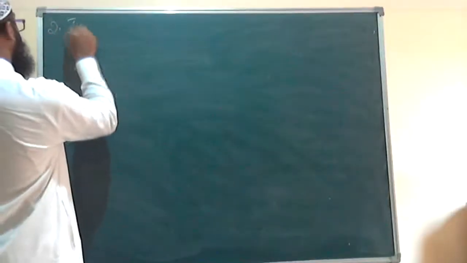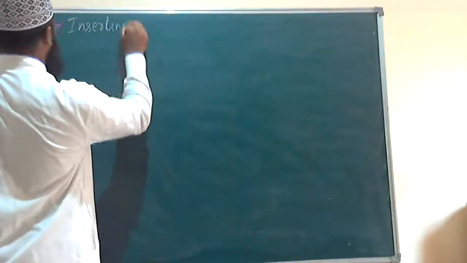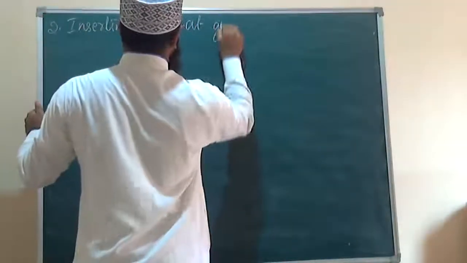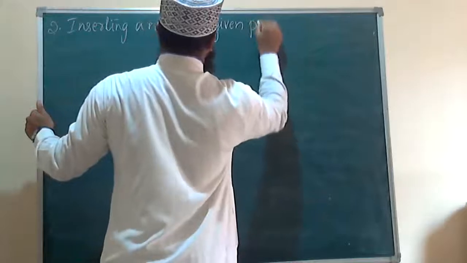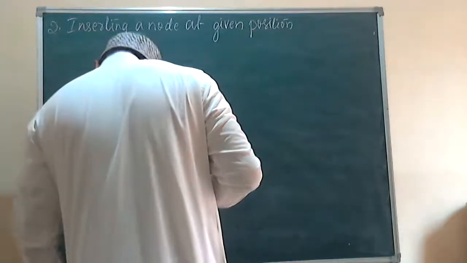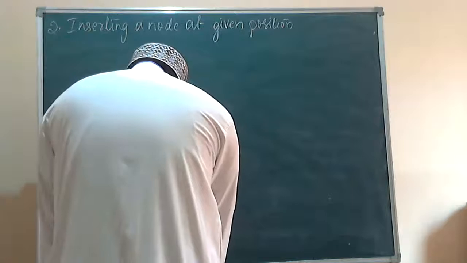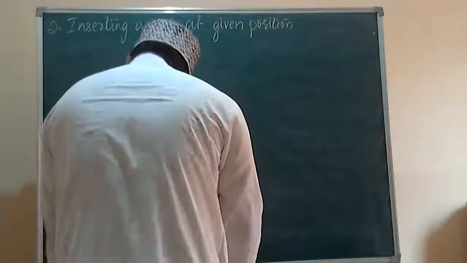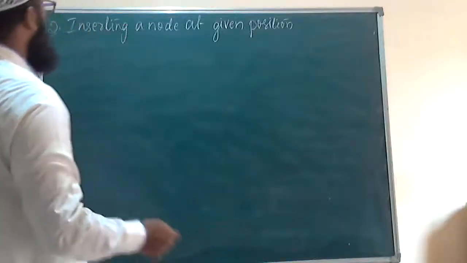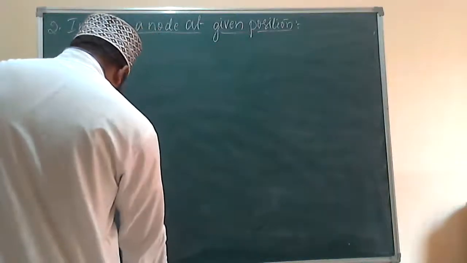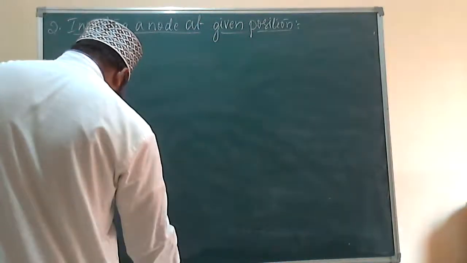Inserting a node at a given position, in the middle of the linked list. How are we able to insert a node here?